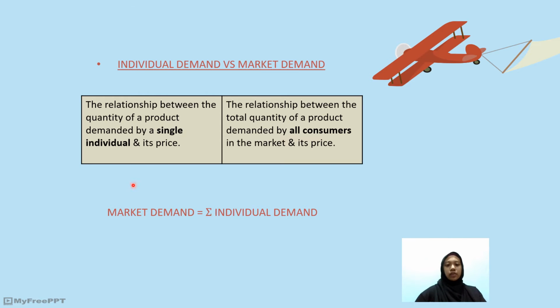Okay, so what about individual demand and market demand? Individual demand is the relationship between the quantity of a product demanded by a single individual and its price.